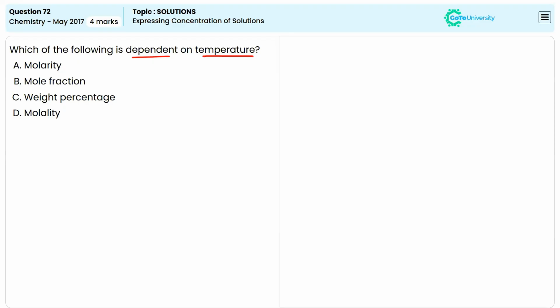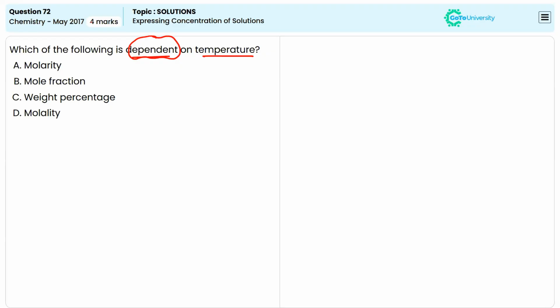Here we have to find out the one which depends on temperature. As I told you, for whatever quantity has volume in its equation, it will be affected by temperature.